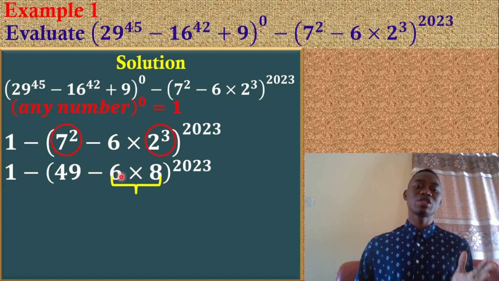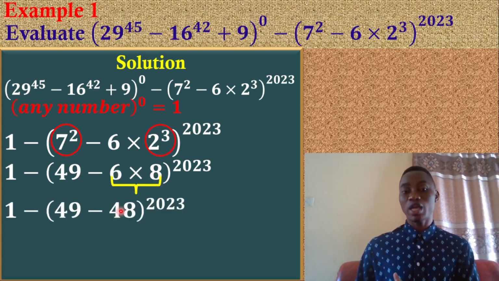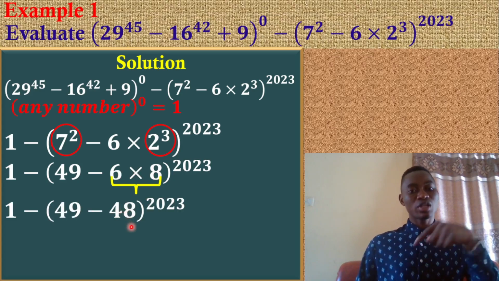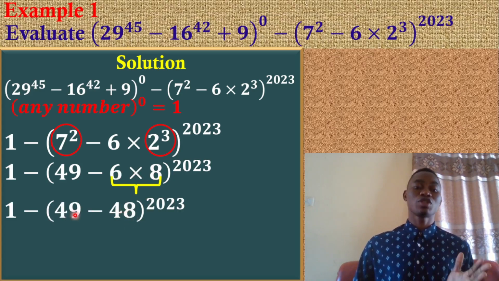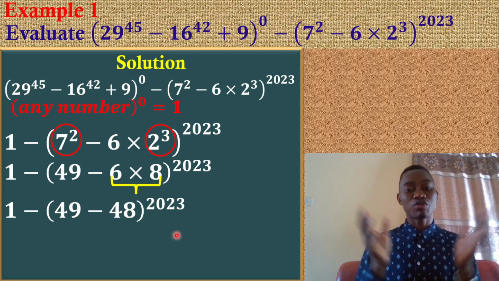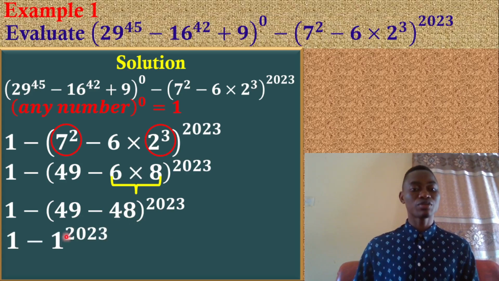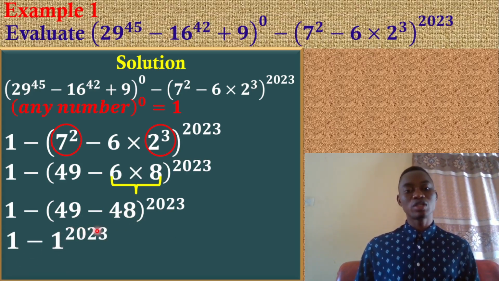So we have 6 times 8, which gives us 48. So now, still inside the bracket, we have 49 minus 48, all raised to the power of what? 2023. So finally we have 1 minus 1 raised to the power of what? 2023.